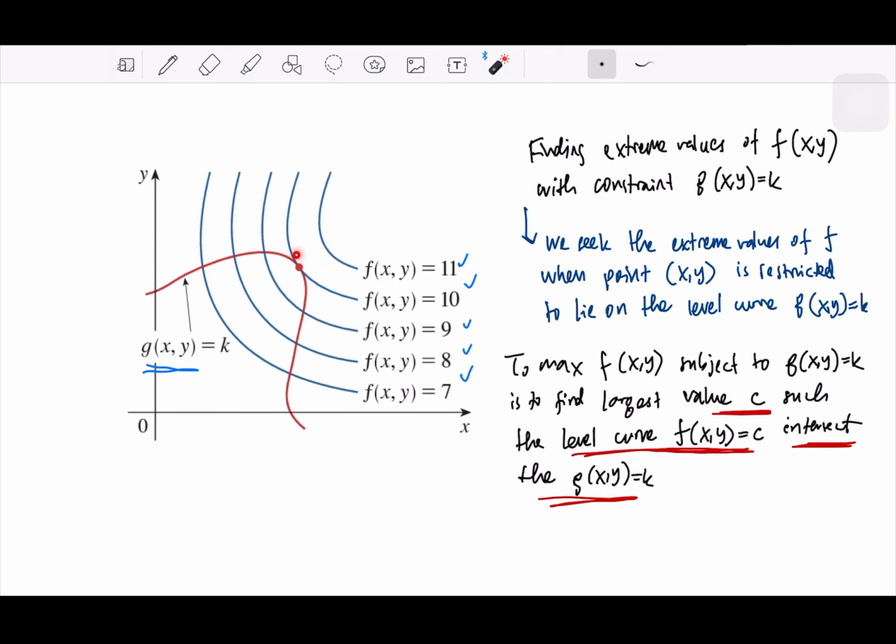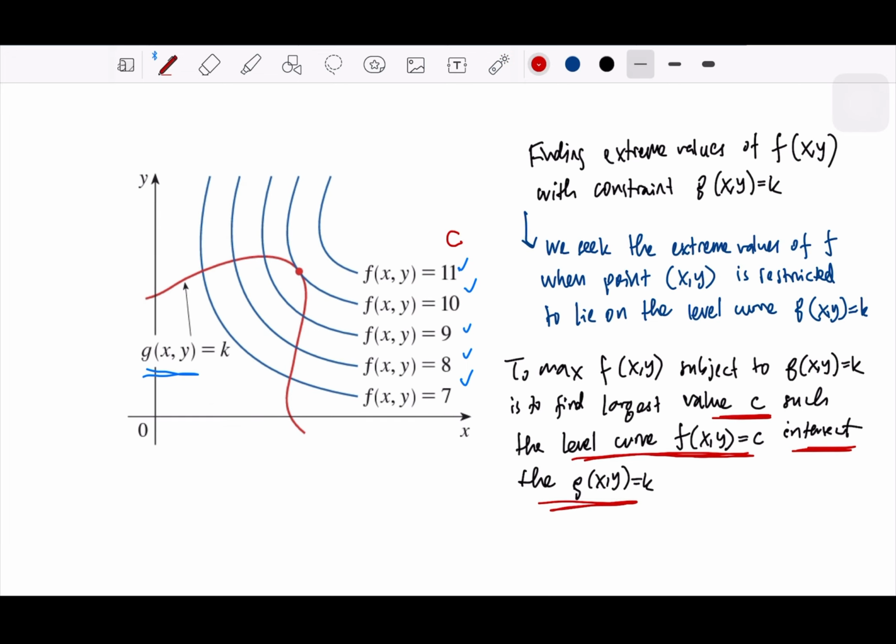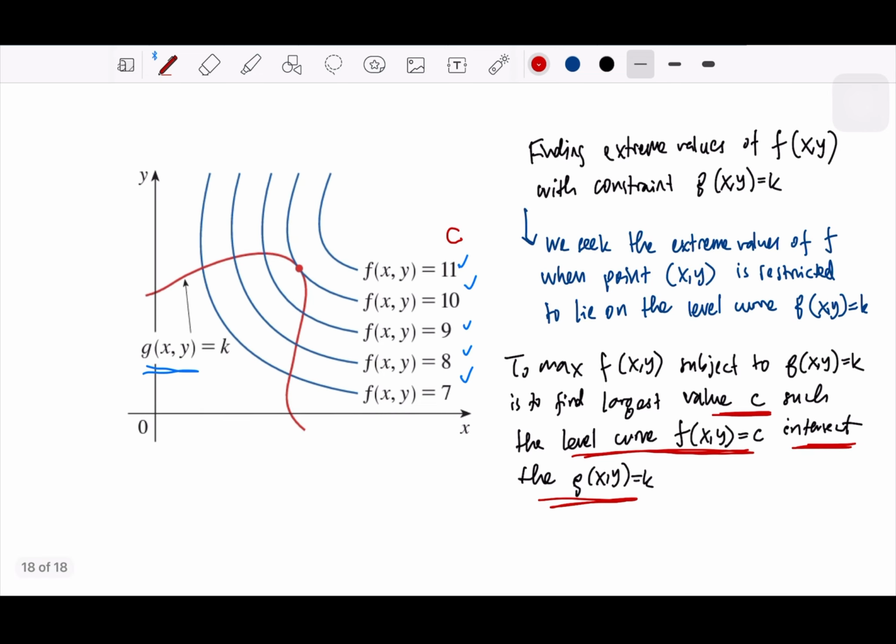So the red curve, our constraint, will touch the functions. When c is 10, then we are going to have the function maximized with the constraint.